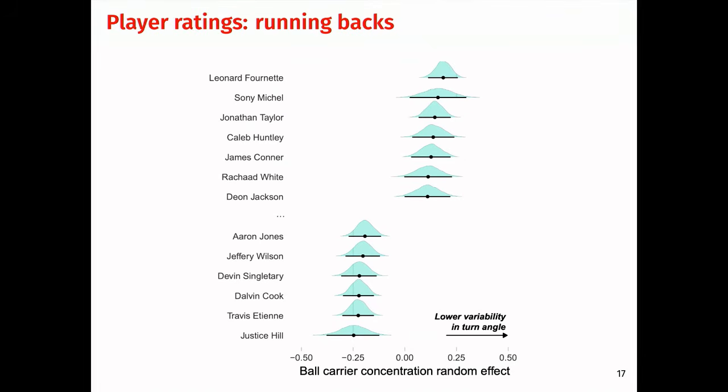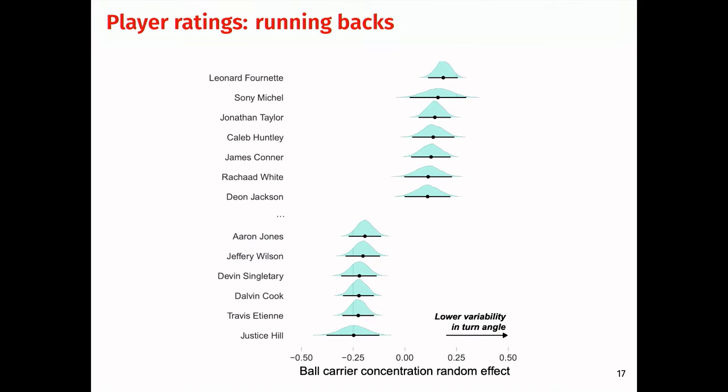So next up we have some rankings. The first one here is for running backs, where I am showing the posterior distributions of the ball carrier turn angle concentration random effect. Here the players are sorted by the posterior mean estimates, where a higher posterior mean corresponds to higher concentration or lower variability in turn angle.